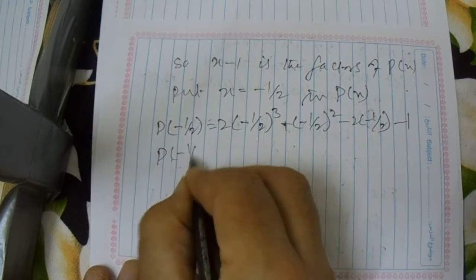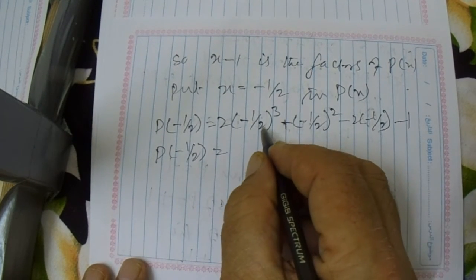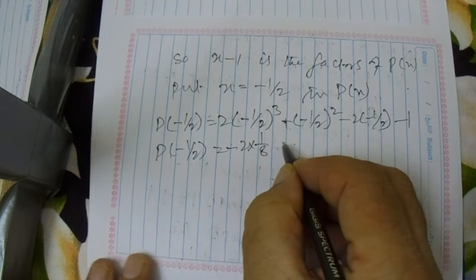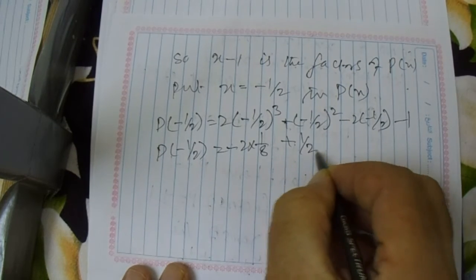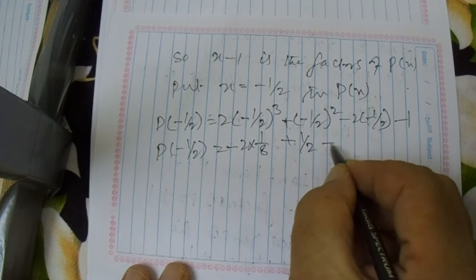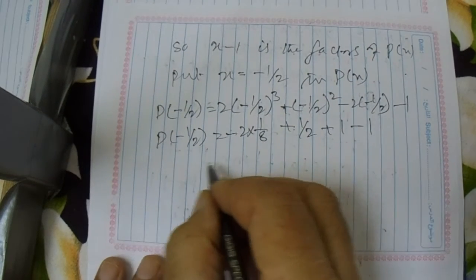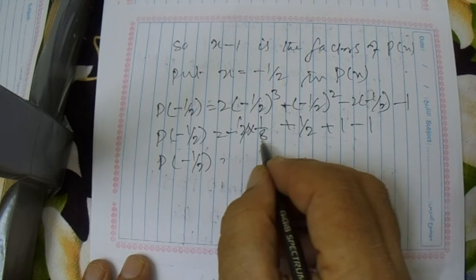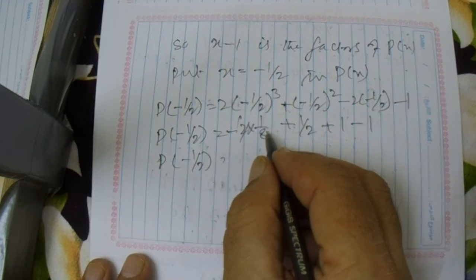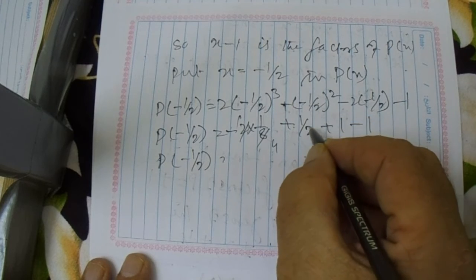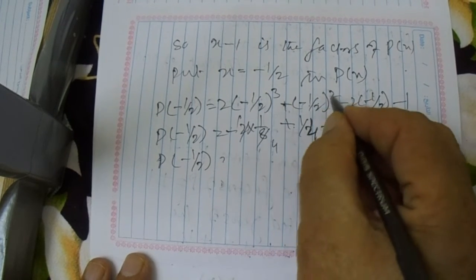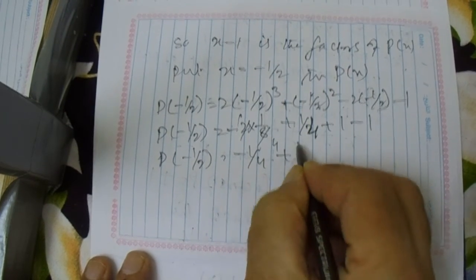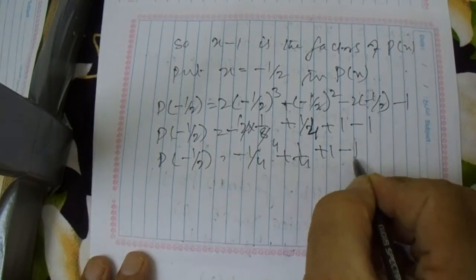Here P(−1/2) = −2 × 1/8 + 1/4 + 1 − 1. Again P(−1/2) = −1/4 + 1/4 + 1 − 1.